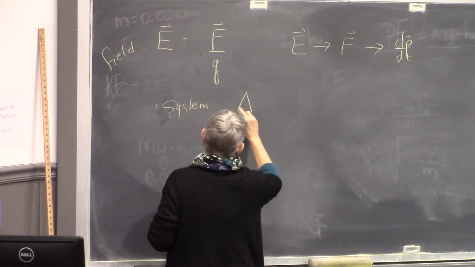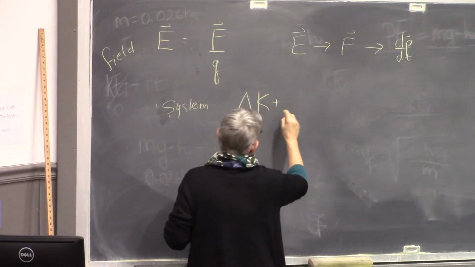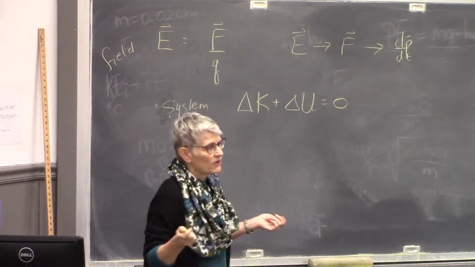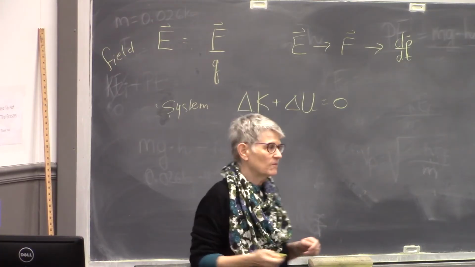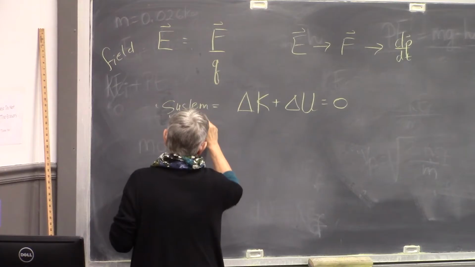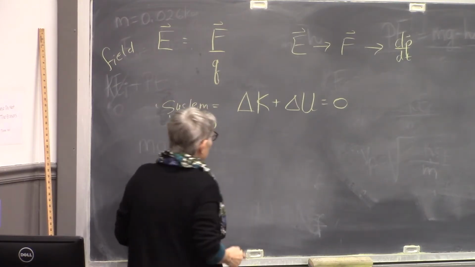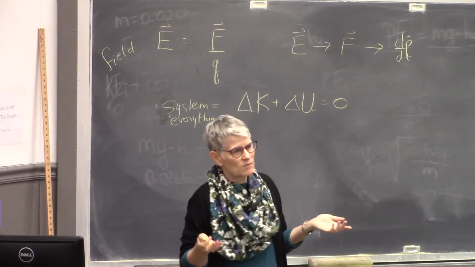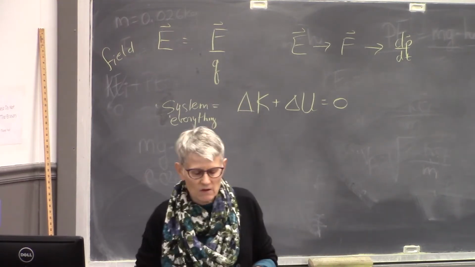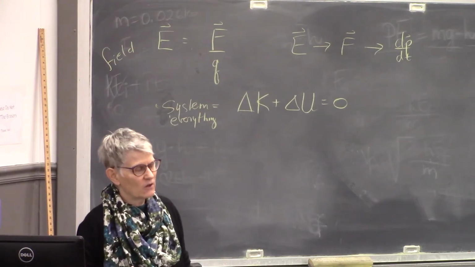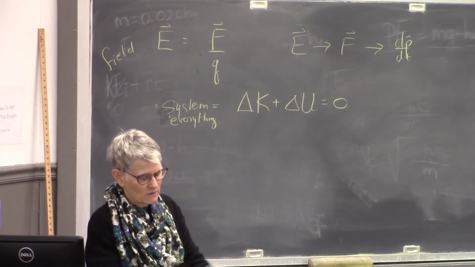Depending on how we defined the system, if we took everything of interest to be the system, then conservation of energy told us that the change in kinetic energy plus the change in potential energy of the system had to be 0. And we need to be able to reason about electric phenomena that way too.